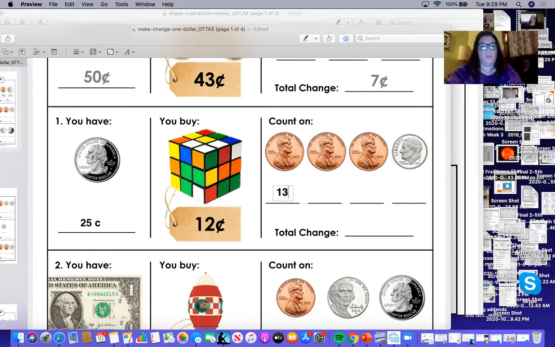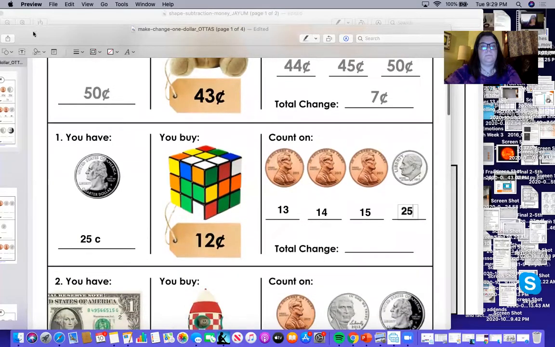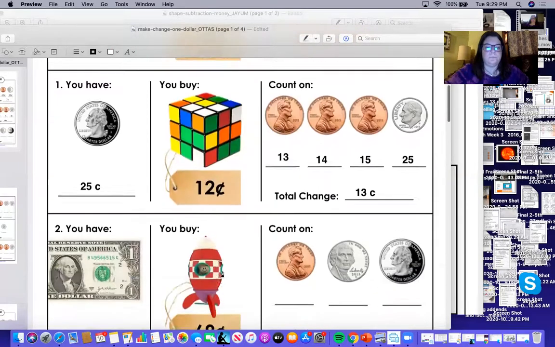So 12, 13, 14, 15, and we know that 15 plus 10, our dime here, will get us to 25. So our total change is 13 cents. And then we can double check. 13 plus 12 is indeed 25.